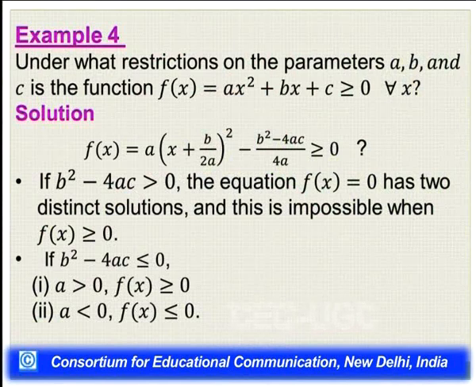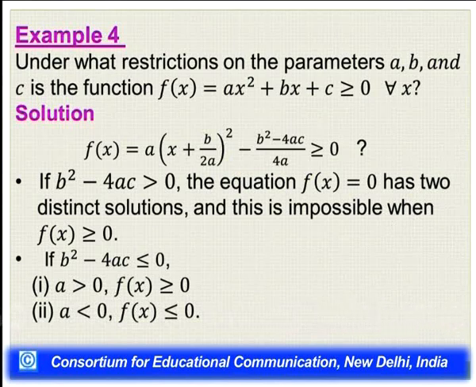We have two possibilities here. Either b square minus 4ac is positive, or the discriminant b square minus 4ac is less than or equal to 0. Now, if b square minus 4ac is positive, clearly this is a situation where our equation f of x equal to 0 has two real roots.